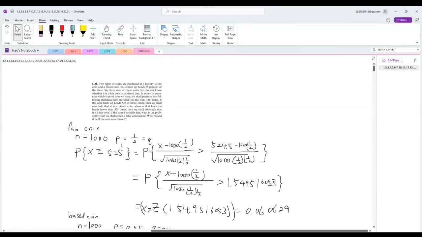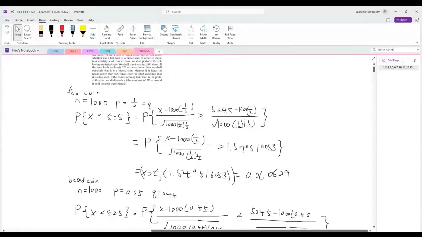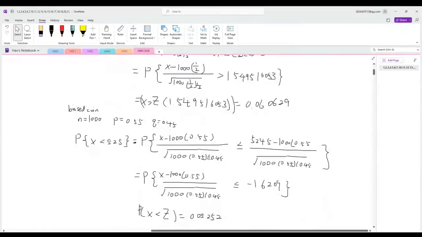Then we plug into the binomial distribution. Then we solve this to get 1.5491. Then calculate the z-score of this to get 0.0606 as a result.